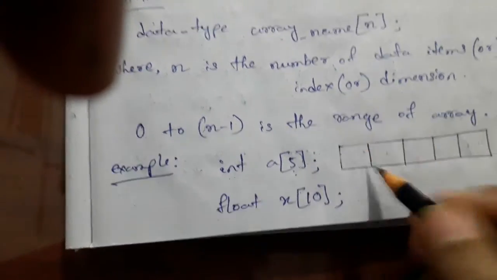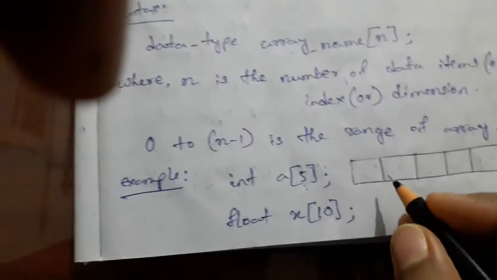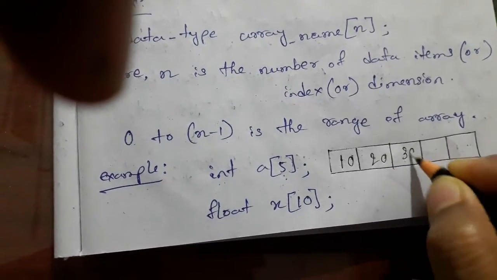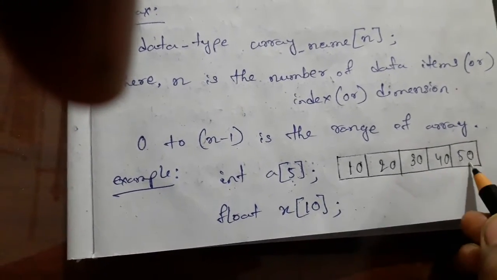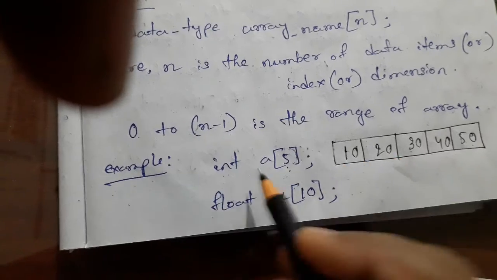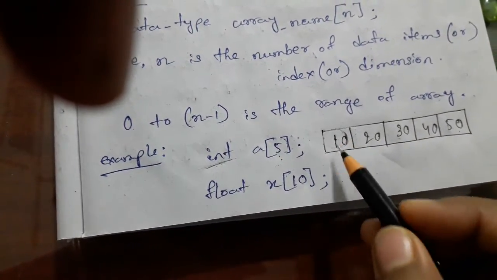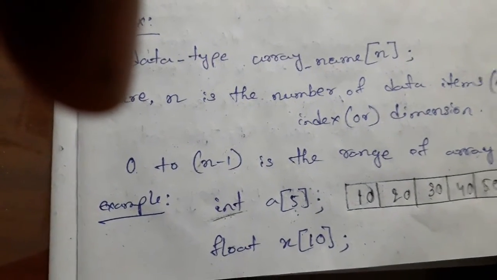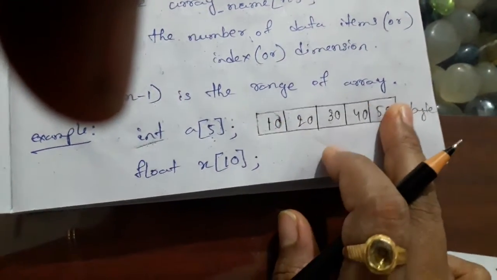Suppose in the memory locations the values are like this: 10, 20, 30, 40, 50. As it is integer, each value will take 2 bytes of memory, 2 bytes in each individual location.